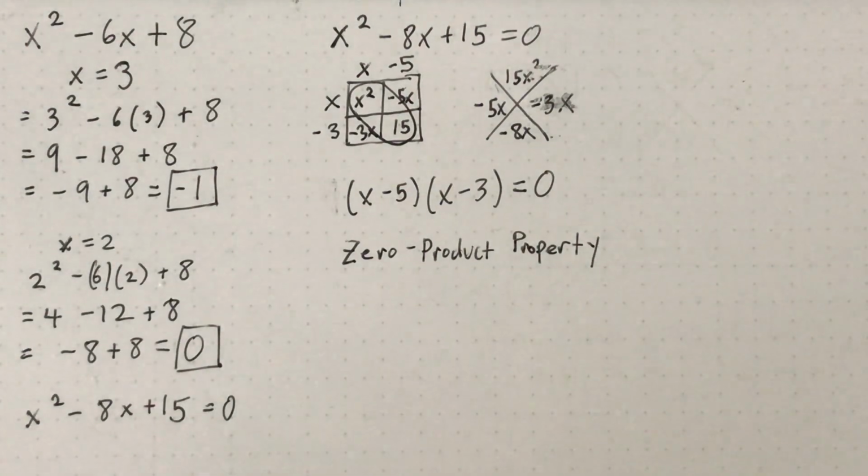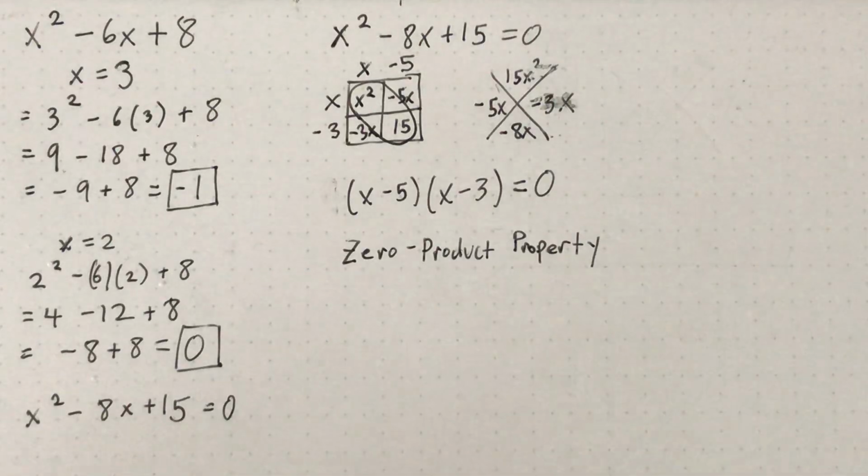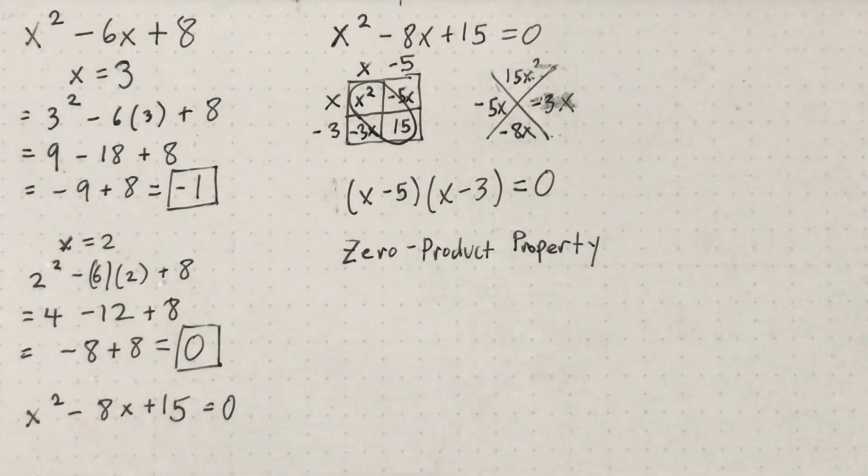Okay, so the zero product property basically states that if you have two numbers that multiply to 0, then at least one of those numbers must be 0.